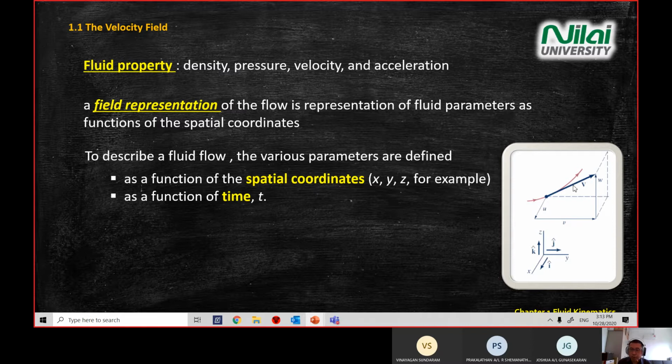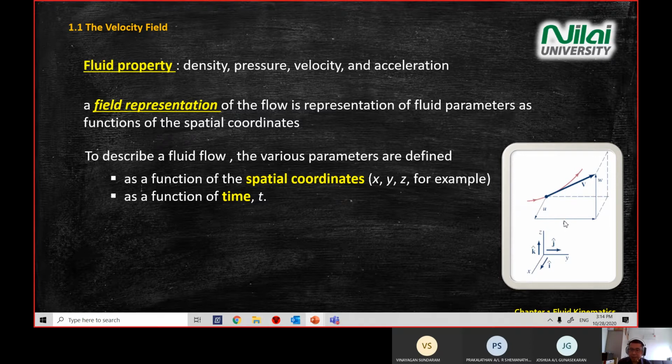If your velocity is moving along the x-axis, the magnitude, we denote as a small u. Small u represents the vector in the x-axis. And then the velocity can also break into the y-axis, represented by a small v.